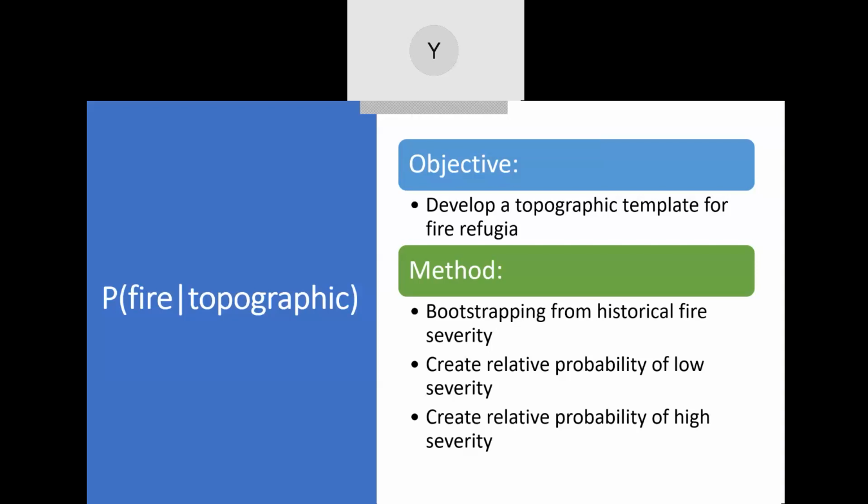So we want to locate the low frequency and the low severity combined. We use a bootstrap sample from the historical fires to build a model to try to replicate the stochastic event. So it's a random component. We model the low severity and the high severity separately, and then combine them to make the final model. Next slide, please.